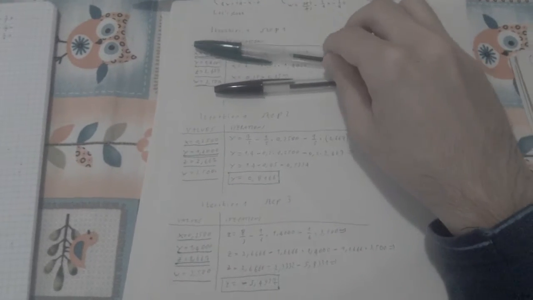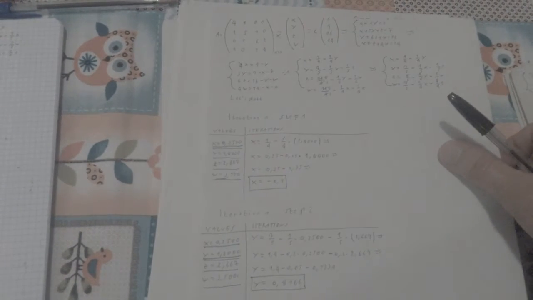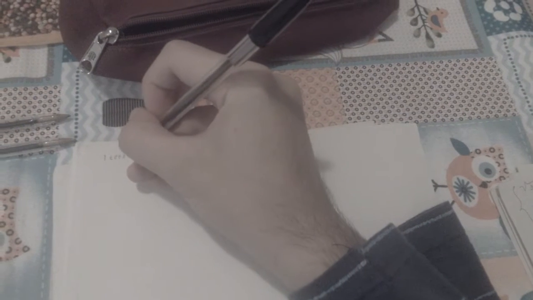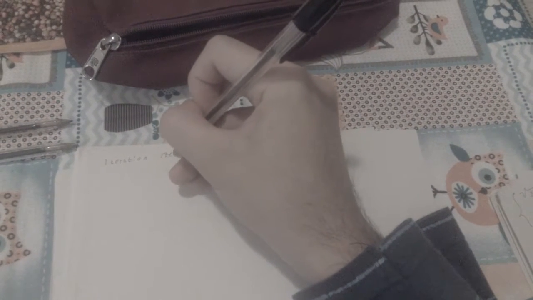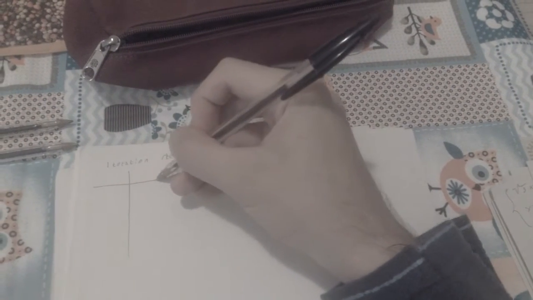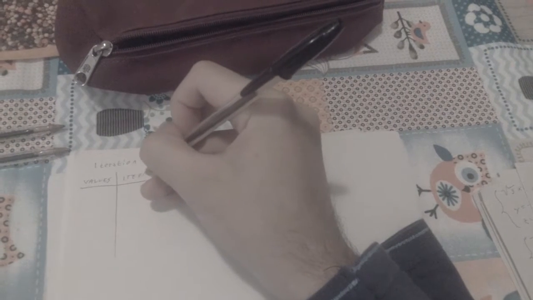Okay, so let's go on, and now we're gonna go for the iteration 1 step 4, which is the very last step. Values, iterations.